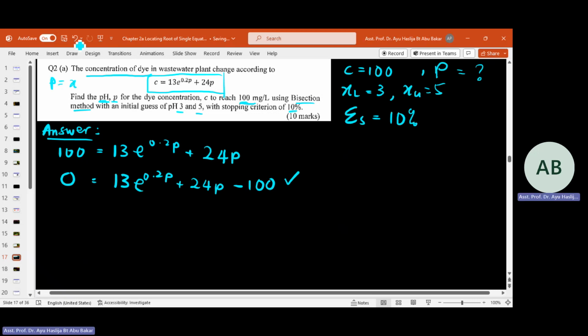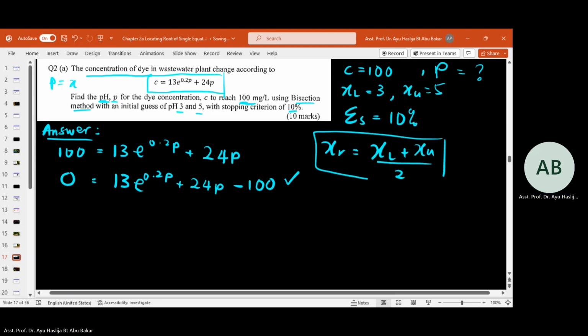Remember, bisection method, how to calculate your XR? Correct. XL plus XU over 2. Then for the iteration, list out what info you need. XL, XU.